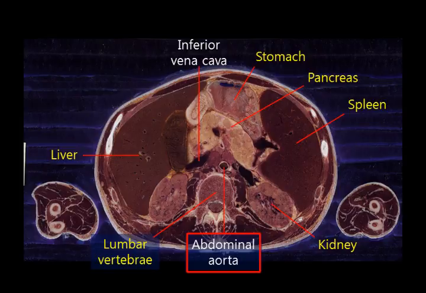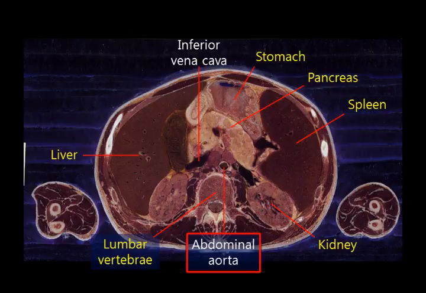The abdominal aorta sends blood to the liver, stomach, pancreas, spleen, and kidney in the abdominal section. Also, the abdominal aorta divides once it goes down and sends blood to the pelvis, groin, and legs.